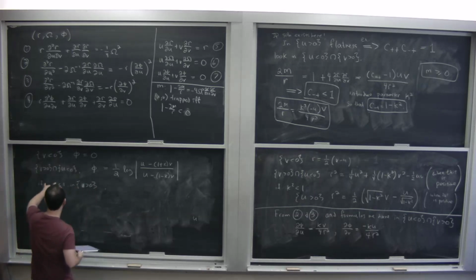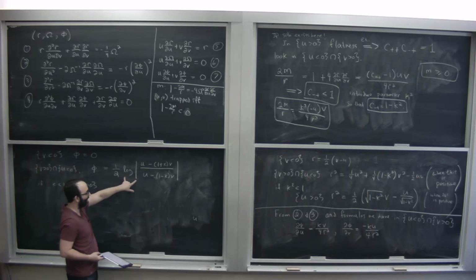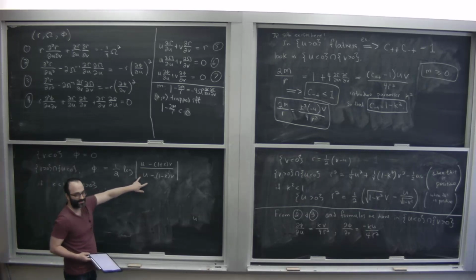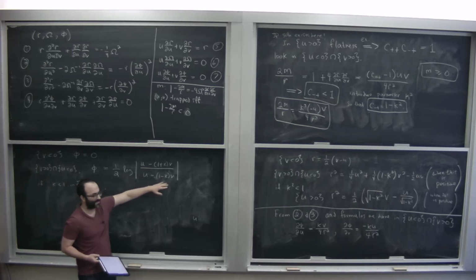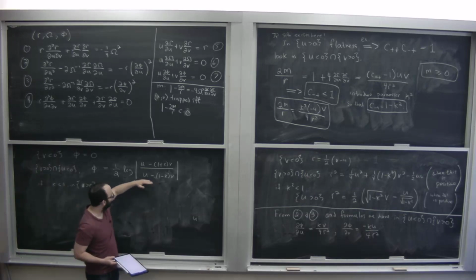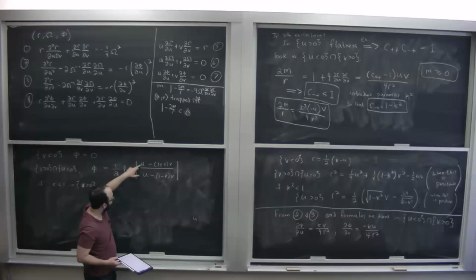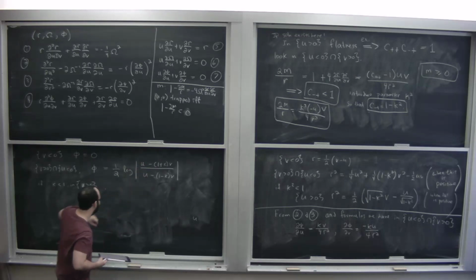So of course, this formula might cease to make sense, depending on what these values are. We want to plug in u equals 0, but you could have some issue here before you get there. I'll write out all the cases in a second.